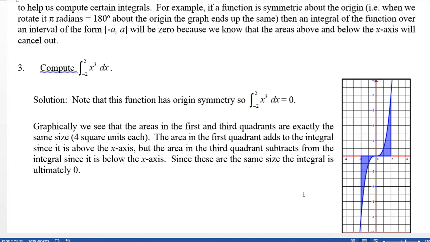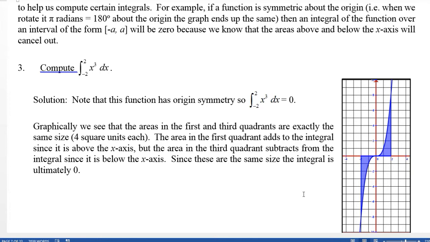One is going to be above the x-axis exactly the same amount as the other one is below the x-axis. So when we integrate across that from negative 2 to 2, in fact, they cancel each other out. And so that's going to be 0. And we were able to argue that basically geometrically without having to do any kind of finding antiderivatives. And so that kind of integral is very easy to do.